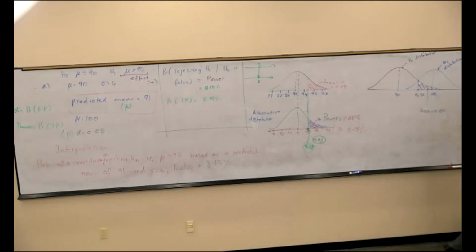Look at this picture. Let us not compute power yet, but I'll simply ask the question. Do you think that we have a true positive here? In other words, that we can conclude that the average is bigger than 90. There is not a whole lot of overlap.